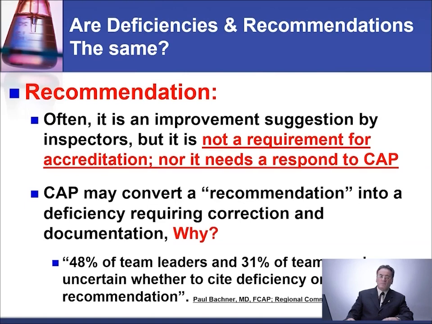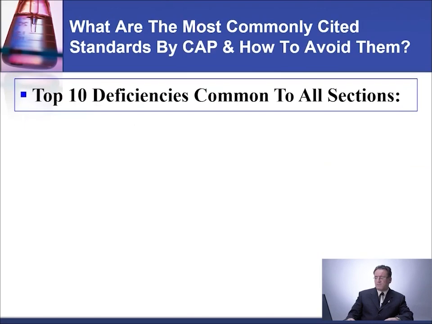So if they make a recommendation and CAB thinks it should be a citation, they will change it to a deficiency or a citation, and they will tell you to respond to it. But from my experience, this is very, very rare. So far, I've probably seen it once or twice, not more than that.